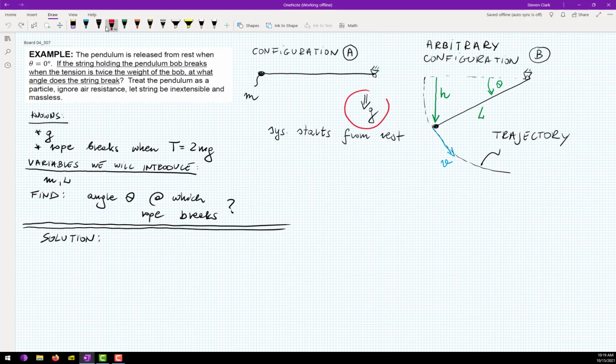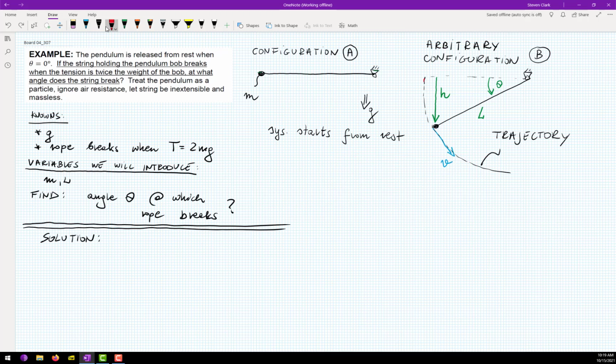We have gravity acting downwards. The pendulum is released from rest, and this is the trajectory of our pendulum. It will lower its elevation, but it will gain velocity.